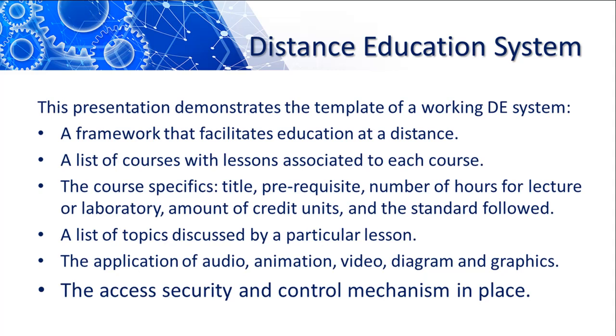Number 4, a list of topics to be discussed in the lesson in focus. Number 5, the application of audio, animation, video, diagram, and graphics. And number 6, the access, security, and control mechanism in place.